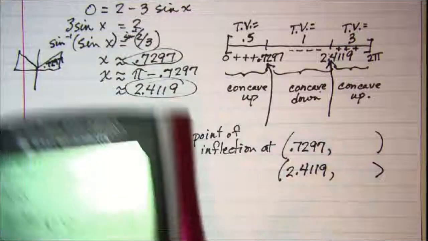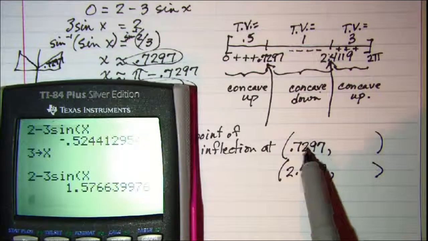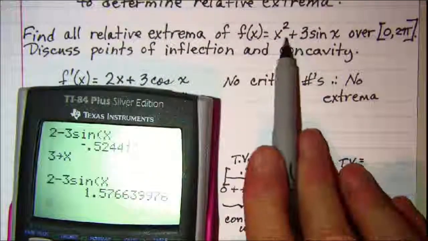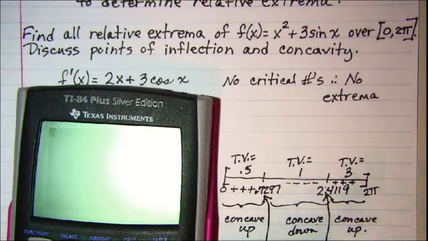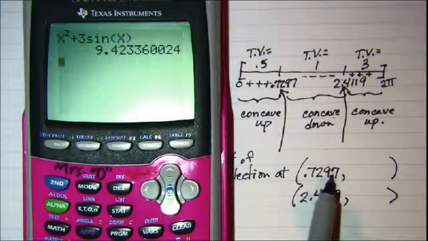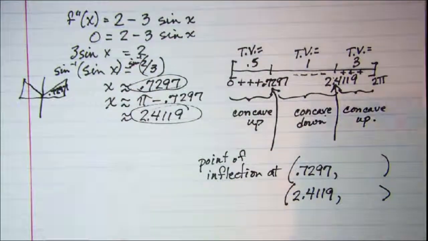So to get the y value, I need to put this x value into my original function, which was x squared plus 3 sine x. So x squared plus 3 sine x, and I'll ignore the value here that comes up. And I need to get this back. The way I got that number was to arc sine 2/3.